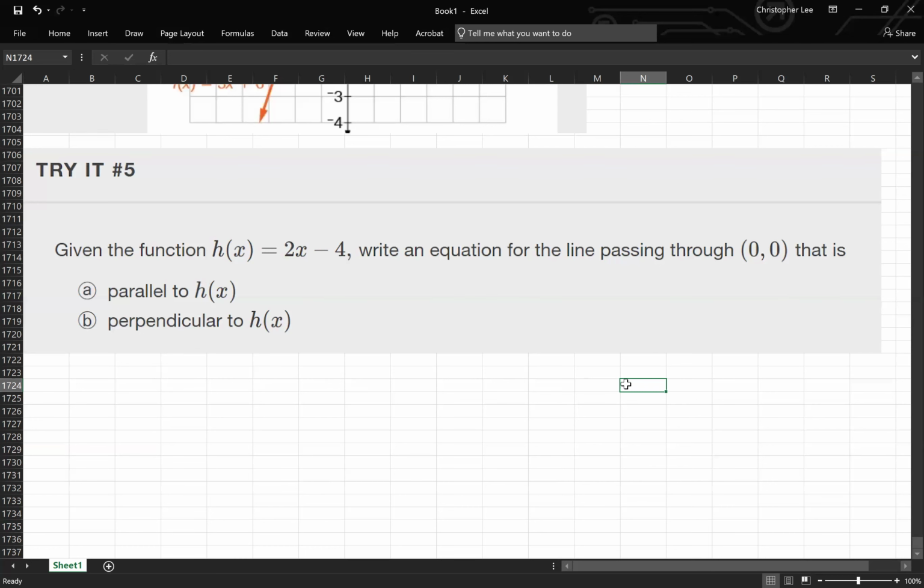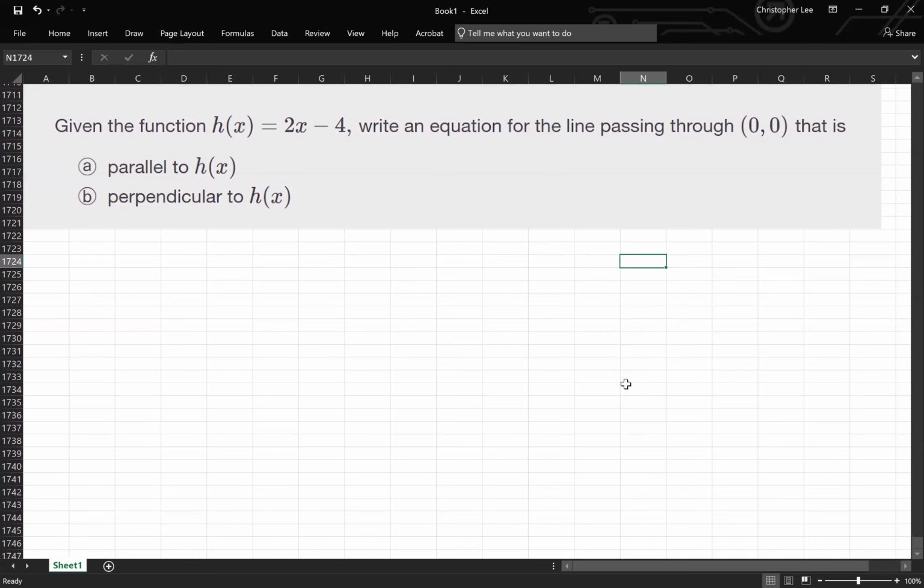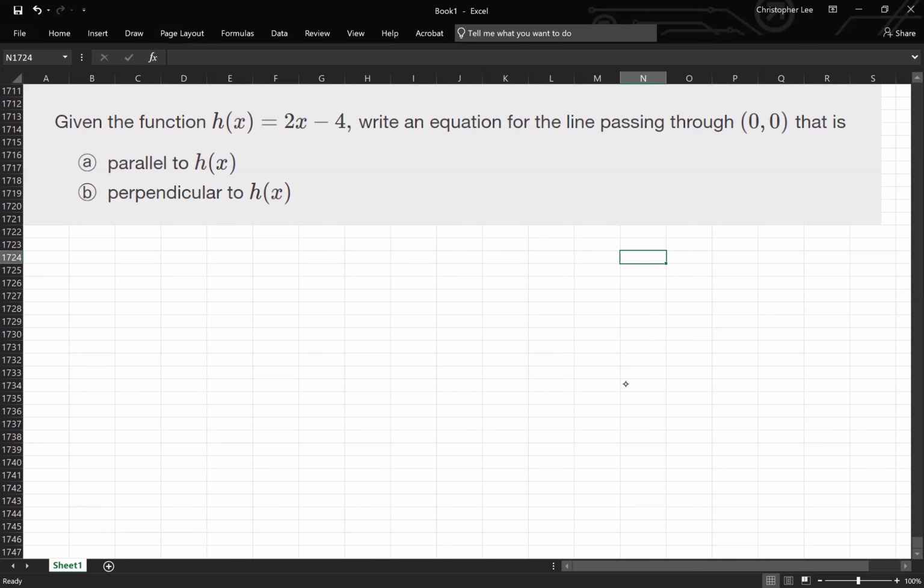All right. So let's look at A. For A, I want a parallel line, right? So in a parallel line, what's my slope? Well, the 2, right? And then the point I'm going through is 0, 0, right?